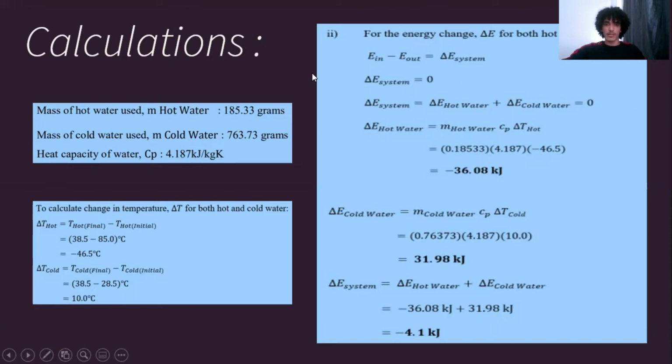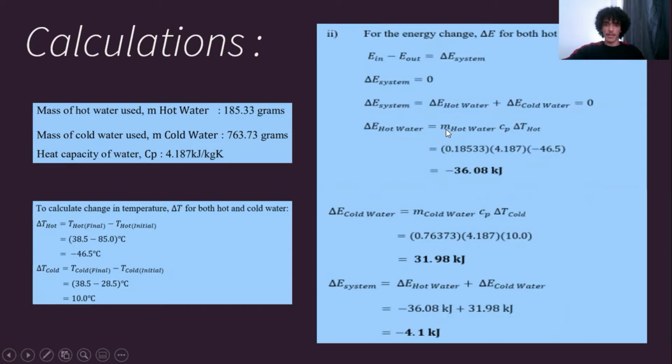First, we assume that the system is insulated, which means there is no energy exchange between the system and the surrounding, so the change in energy of the system equals 0. That means whatever energy comes out of the hot water will enter the cold water, with no exchange with the surrounding.